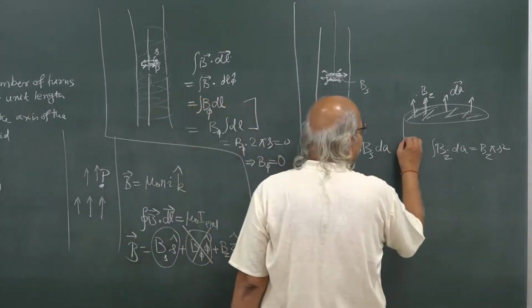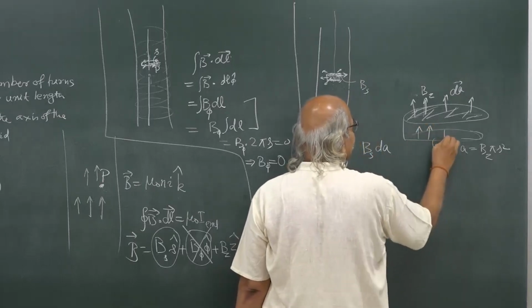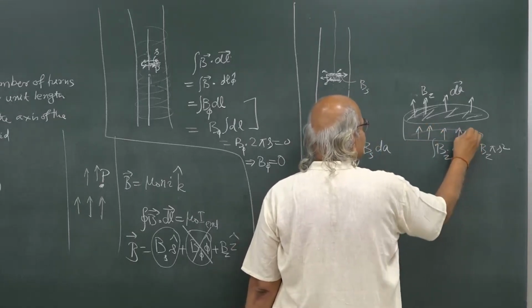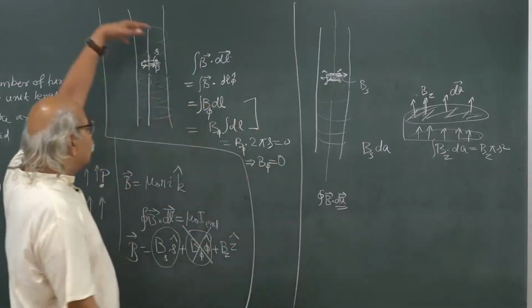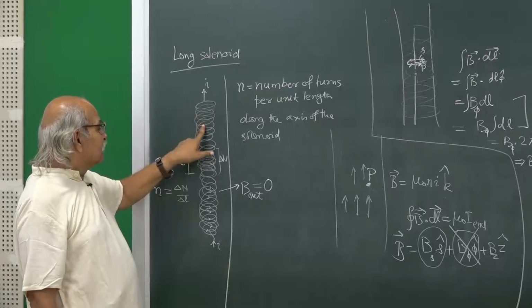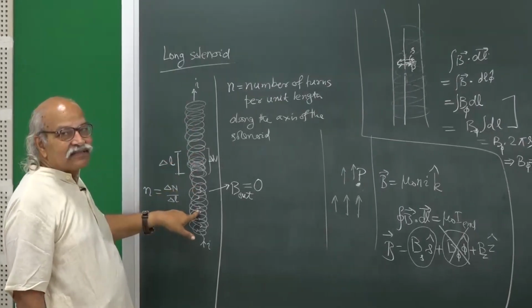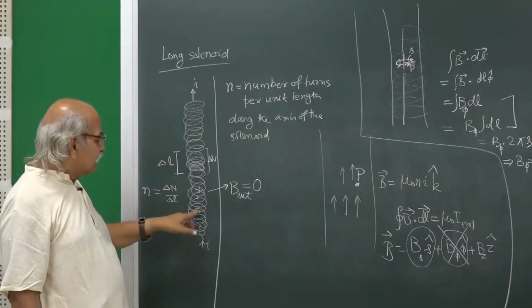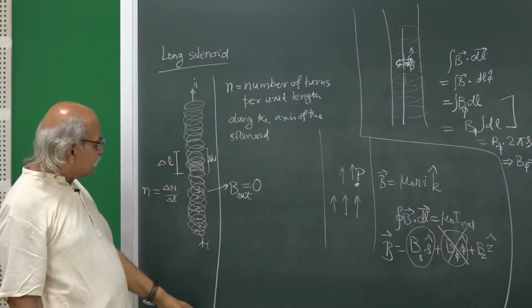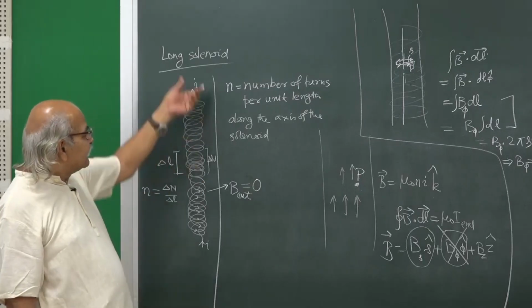But on the lower surface, the magnetic field will be the same. Once again, geometry: it is a long solenoid, so the magnetic field here is the Z component, and here it is the same as here, same as here. You have current, you have a large length of the tube on this side also, and that side also.